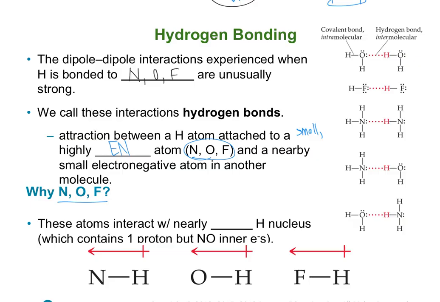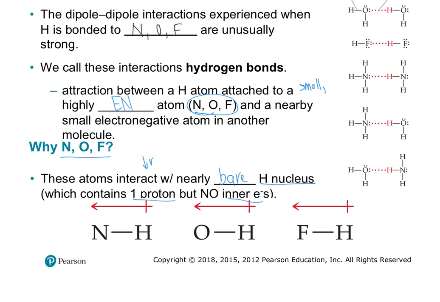It has to do with the fact that they are so tiny, a very small radius, which, when they bond with hydrogen, basically exposes it, making the hydrogen a bare hydrogen nucleus, which is just one proton and no inner electrons to balance it out. So hydrogen ends up very positively charged, and the other atoms end up much more negatively charged, and we get this huge dipole.